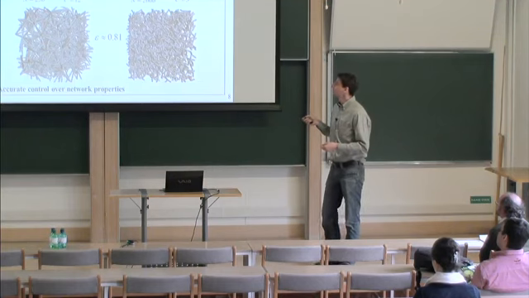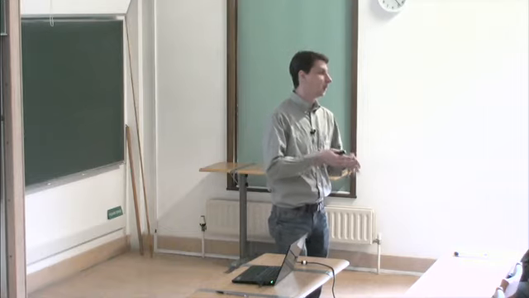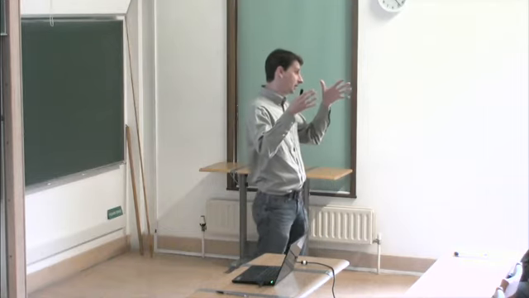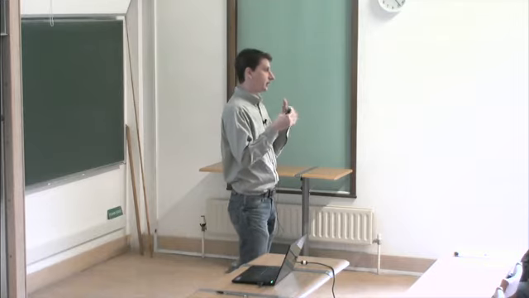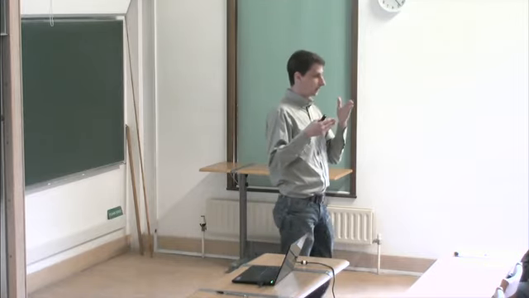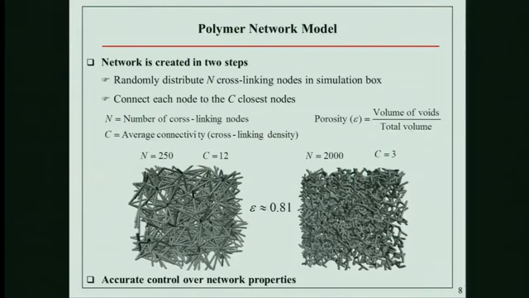We start with points that essentially cross-link points for our filaments. We distribute it randomly in the space, so we can control how they distribute it, right? And then what we do, we connect these crosslink points with the neighbors by filaments, and we keep the average connectivity of this network whatever we want, right? So we have a control over these two important parameters that characterize network.